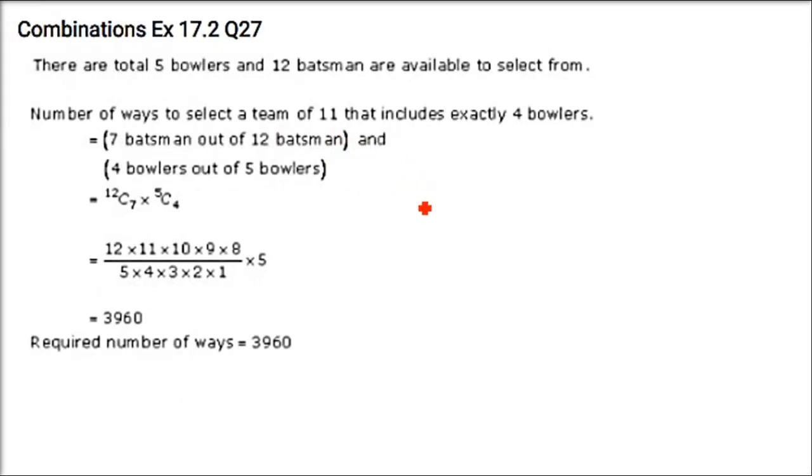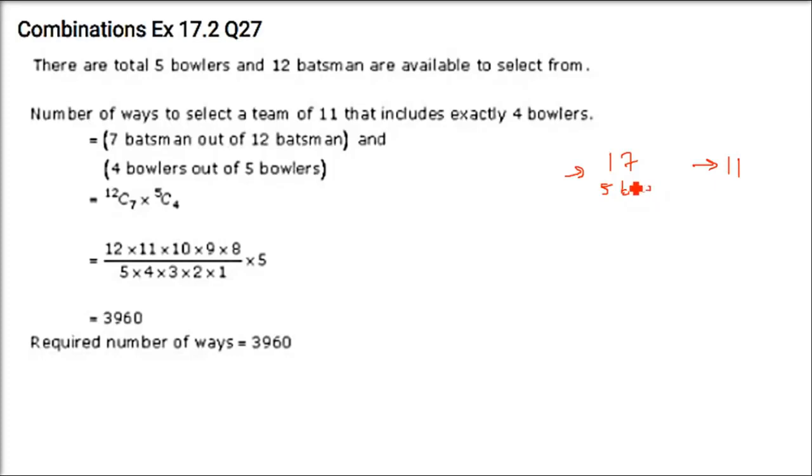In how many ways can one select a cricket team of 11 from 17 players, in which 5 players can bowl, if each cricket team of 11 must include exactly 4 bowlers? So in these 17, 5 players can bowl.